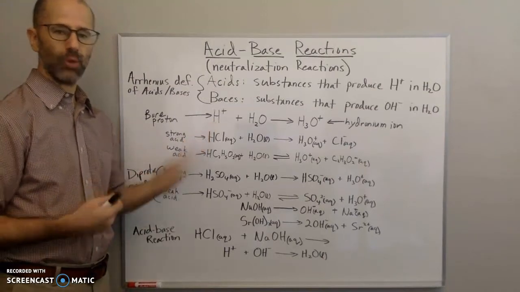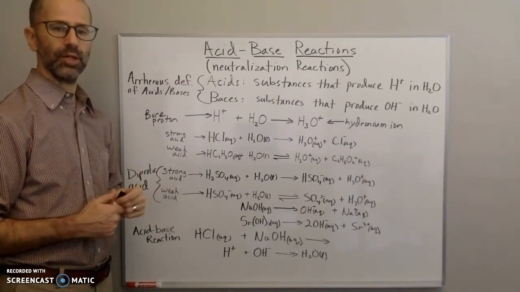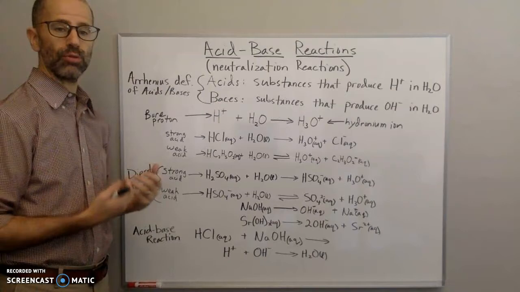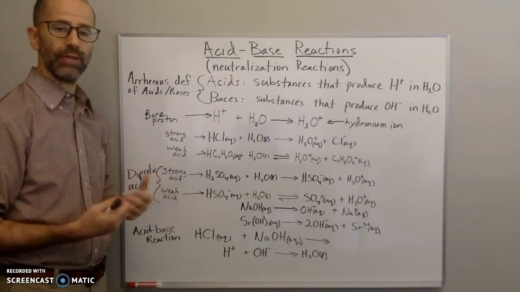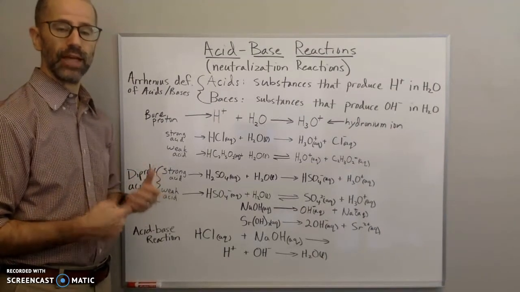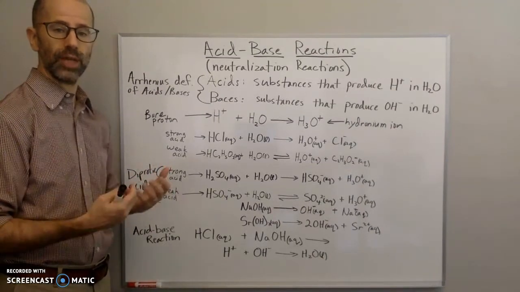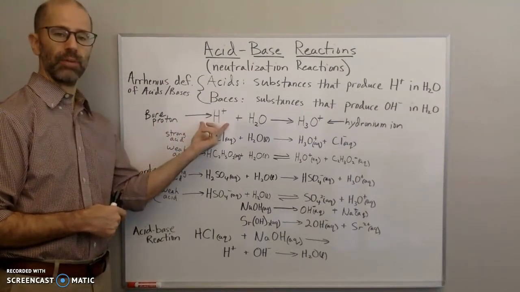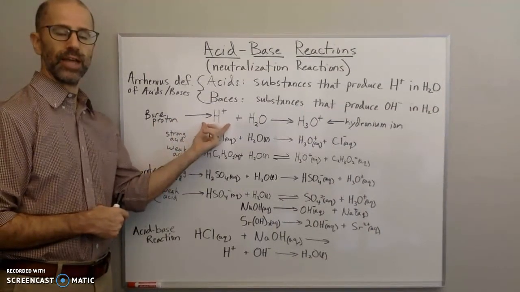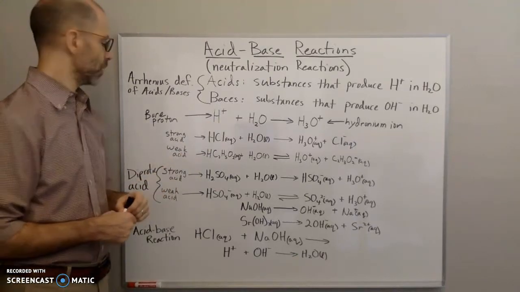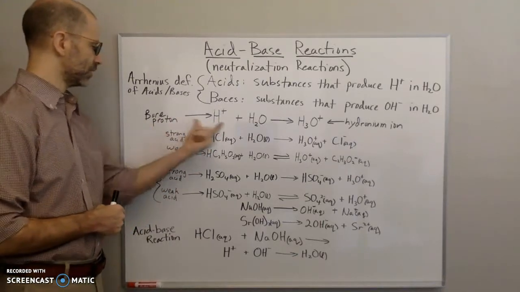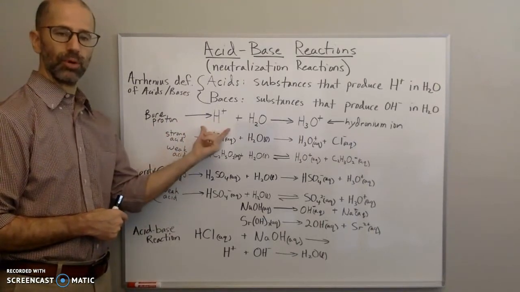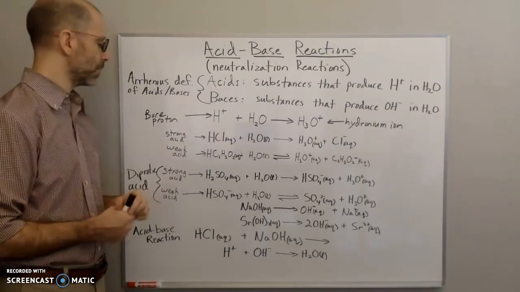Hydrogen atoms only have one electron, so when you remove the electron, all you have left is the nucleus. And in the nucleus is just the proton. So a lot of times you'll read and hear people refer to the H plus as a proton. I just want you to be aware that that's a common saying. We call this a proton because that's really what it is.